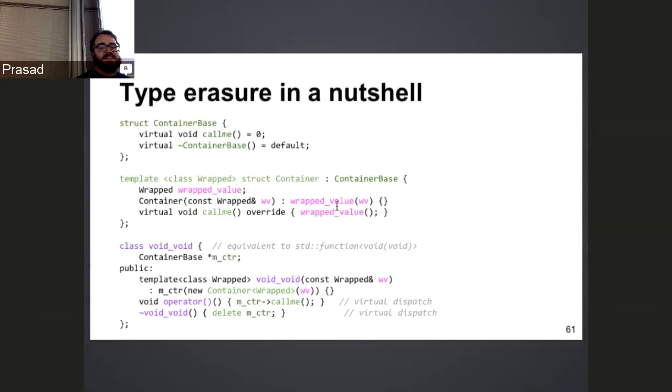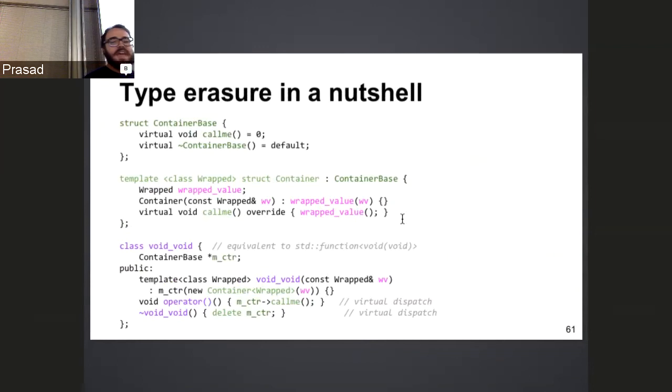The semantics of this wrapped value followed by a pair of parentheses are determined by the magic of static typing, right? If it's a lambda, that means call its operator paren. If it's a function, that means call the function. If it's a function pointer, it means dereference and call, and so on.